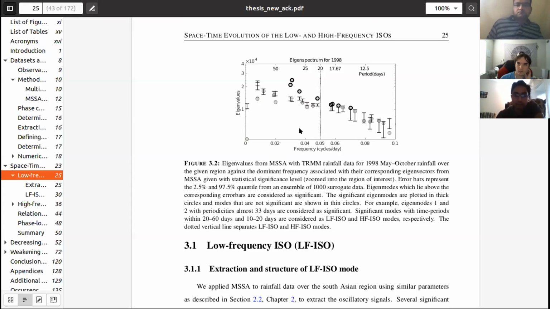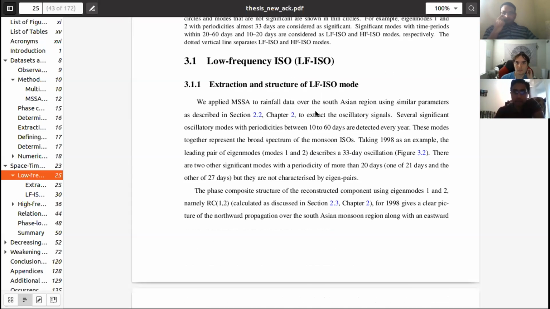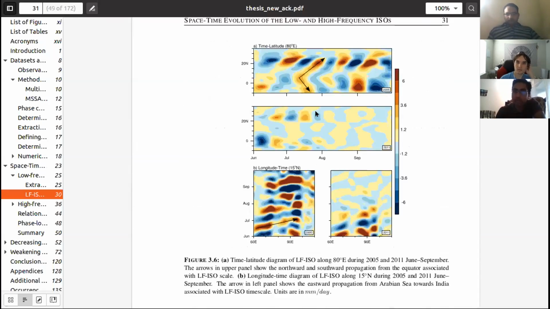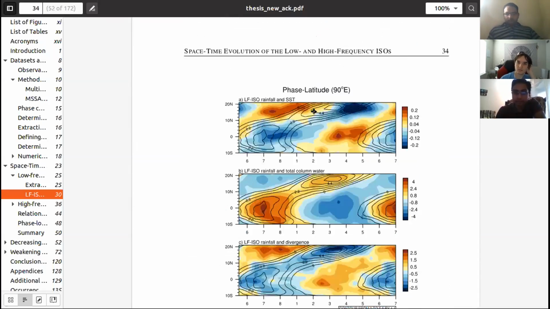If you are using stream function, you would get very nice westward propagations from the East Pacific region towards the West Pacific region towards the Indian region. But with rainfall, it is very difficult to trace the westward propagation over India.